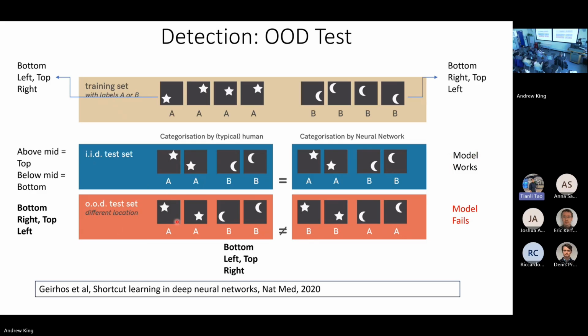Instead, when we present the model with an out of distribution test set where we have stars in the opposite locations and the same for moons, the model fails. So this is a kind of test that one would typically do at first to establish that there is a potential of shortcut learning.